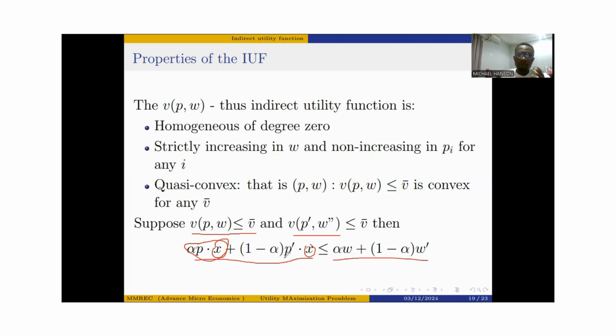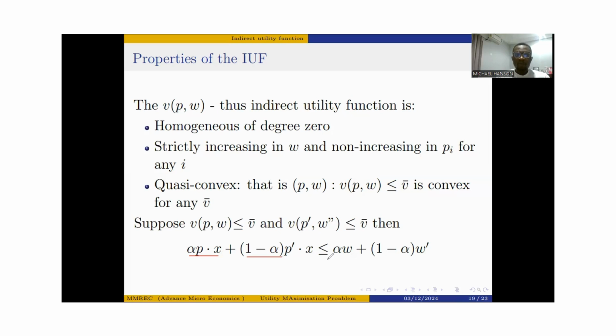Now, if both are lesser than what you can afford, such that the budget is convex, then it means that you can consume portions of both. So the portion is what we have represented by the alpha. A portion of the expenditure on the first and the remaining portion on the other.